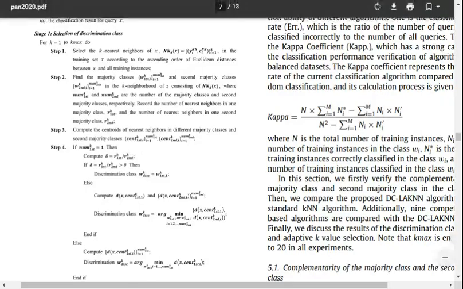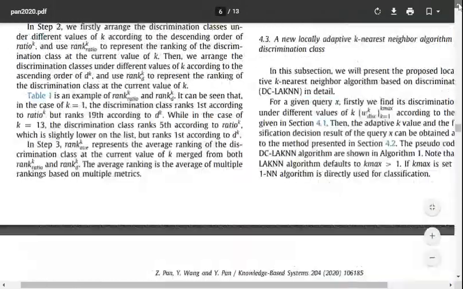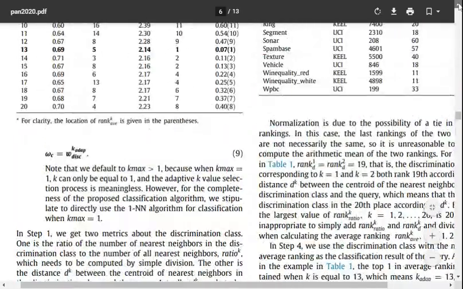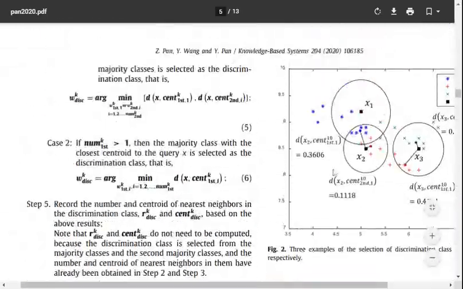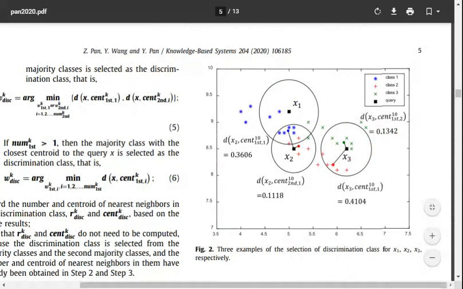The threshold is the ratio between this distance and this distance.